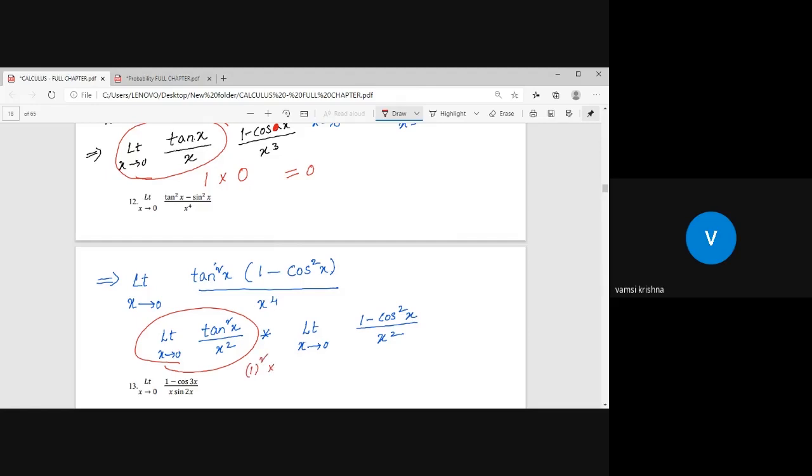And here, 1 minus cos square x can be written as sin square x. So sin square x by x square, so this is also 1 whole square. 1 minus cos square theta is sin square theta. So 1 square into 1 square.